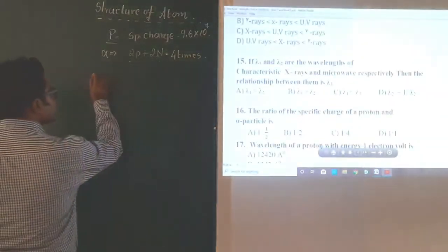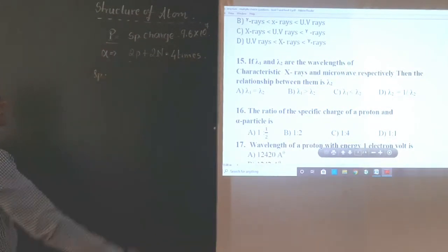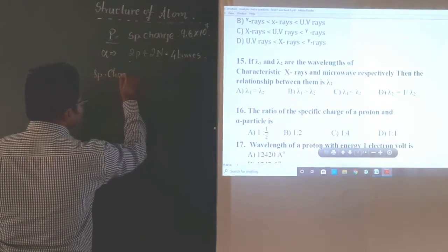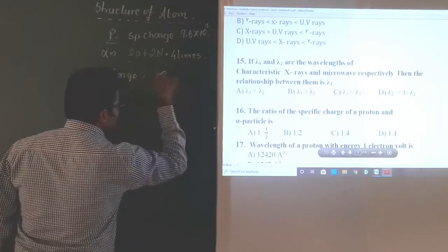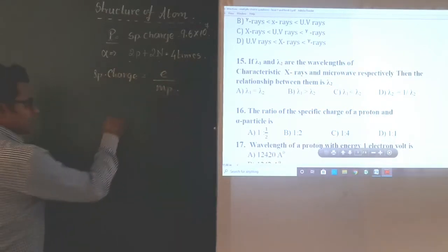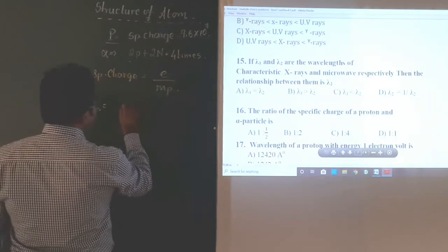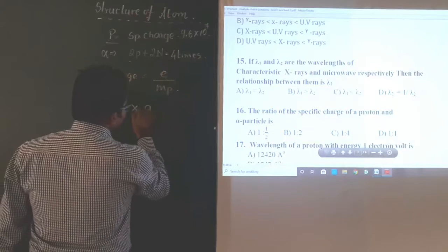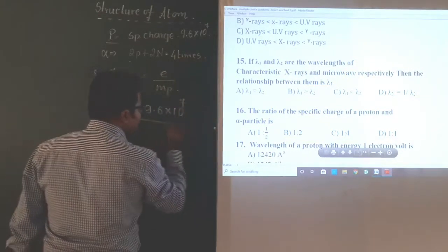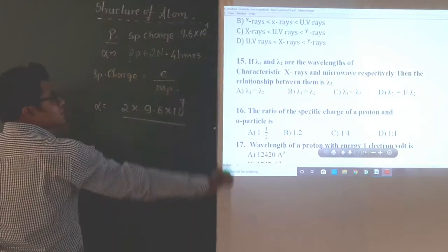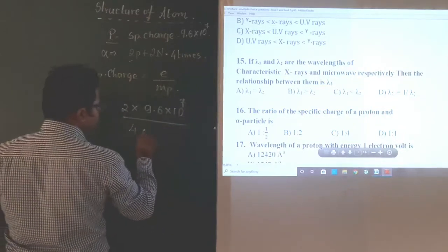So first, I need to understand the specific charge for the alpha particle. Specific charge is given as charge over mass. So for an alpha particle, it is 2 into 9.6 into 10 raised to 7, the whole thing divided by 2 plus 2, that is 4 times the mass, so 4.